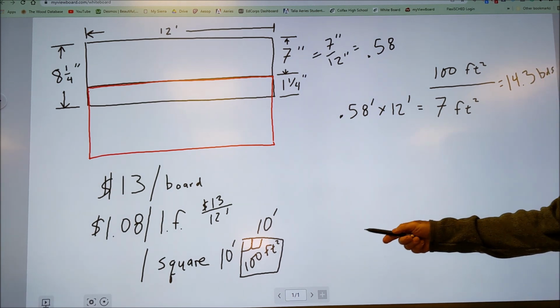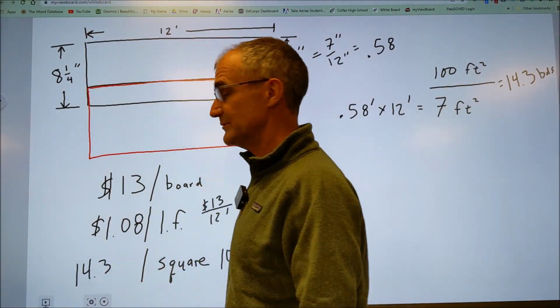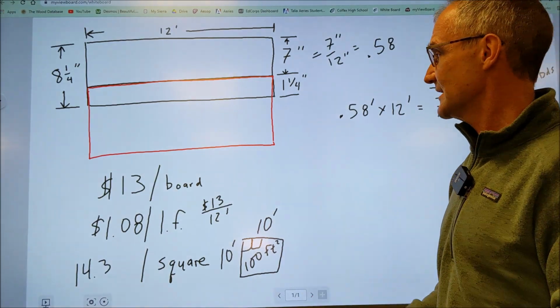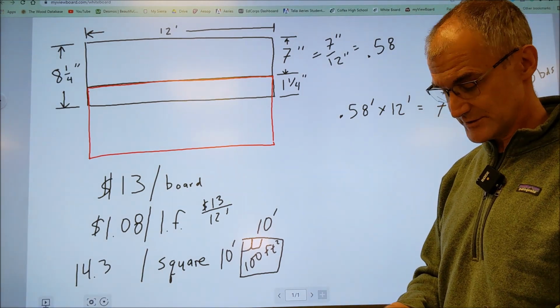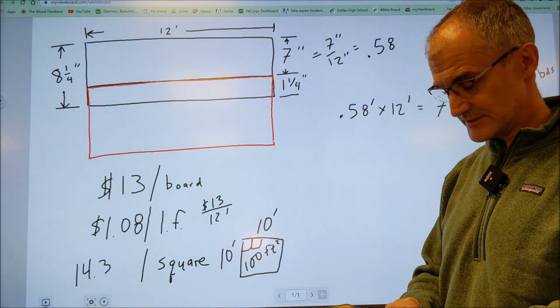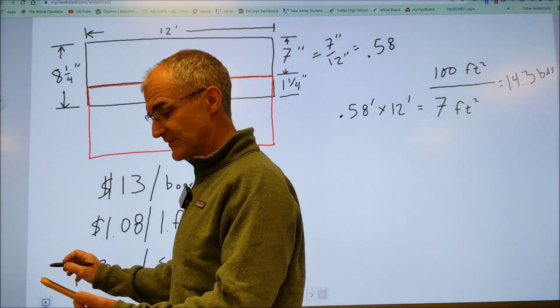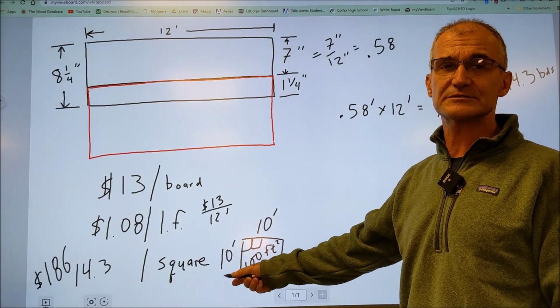So per square, I need 14.3 boards. And then I'm going to take that 14.3 boards and multiply it by the price per board. So 14.3 times that $13, so now my units are dollars, is 185. I'm going to round up, $186 per square.